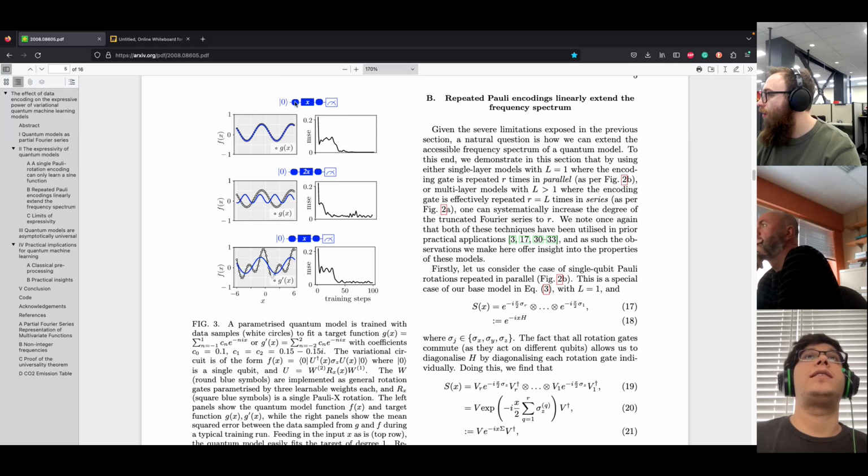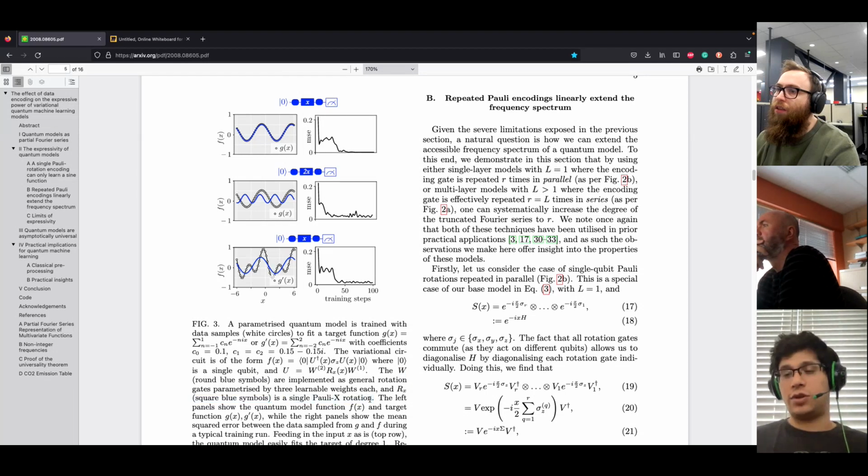Now this dot corresponds, they said, square round blue symbol, which is the W. So the W is here, so you apply W, then the X. So the square blue symbol is a Pauli X rotation. So again, it's just rotation along the X axis. And then you apply a W again. So the W has the trainable parameters.